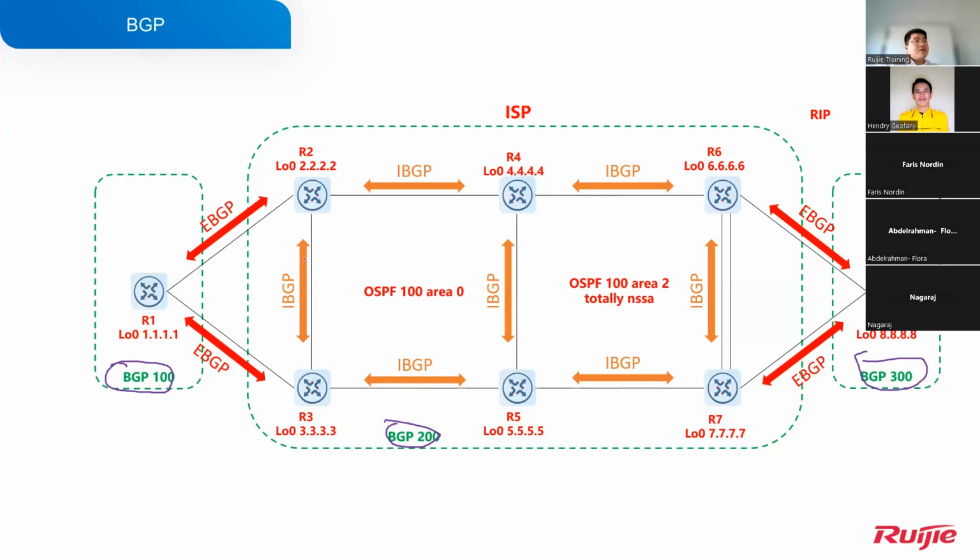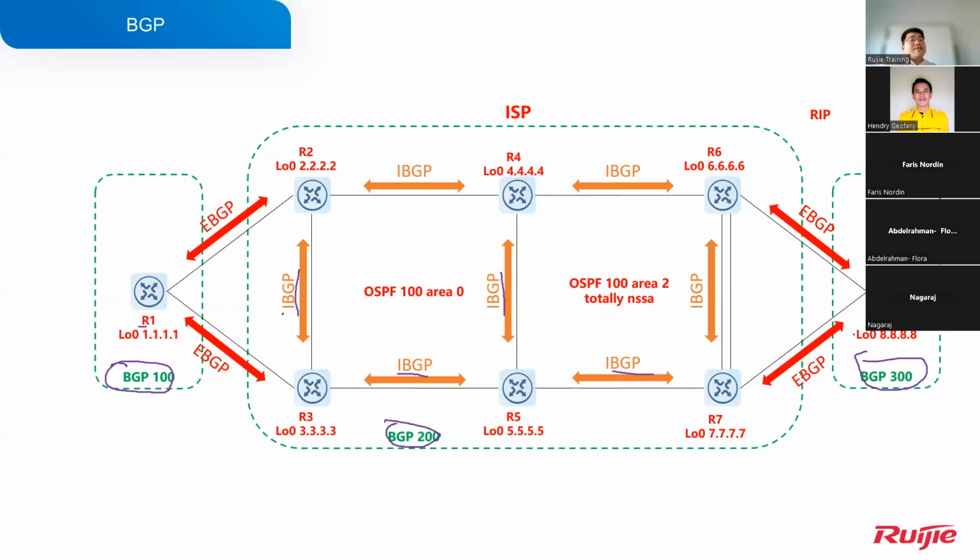So the BGP peers inside the AS are IBGP. We use the orange color to represent the IBGP, and between R1, R2, R1, R3, or R6, R8, R7, R8, they are eBGP neighbors.